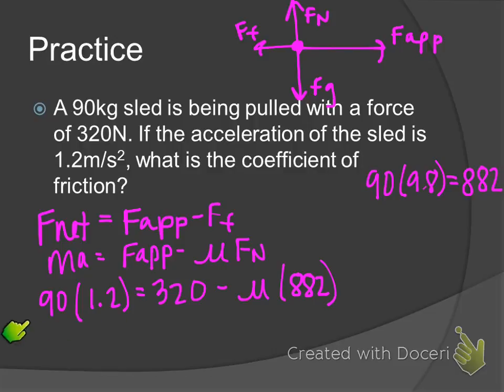Algebraically, we'll do this first: 90 times 1.2 is 108. So 108 equals 320 minus the coefficient times 882. We want to subtract that over.